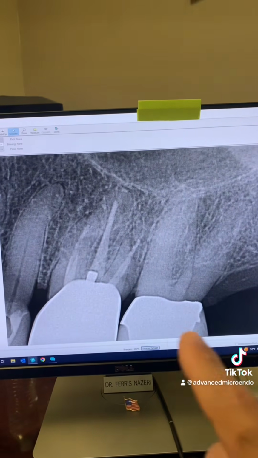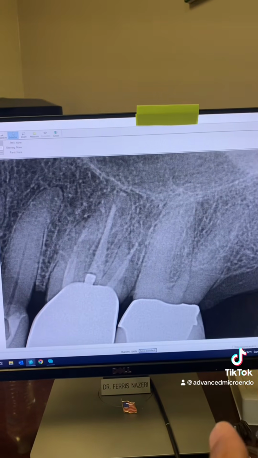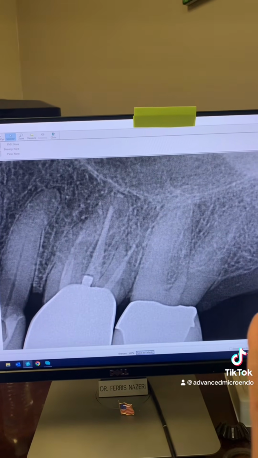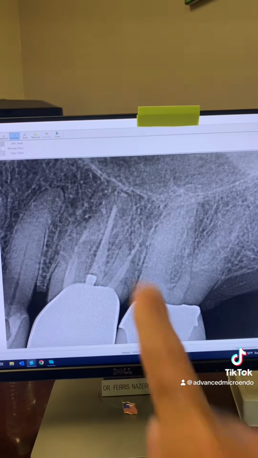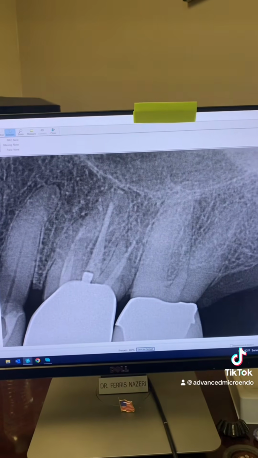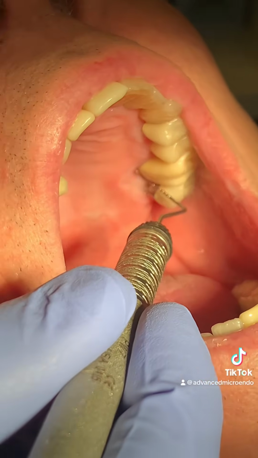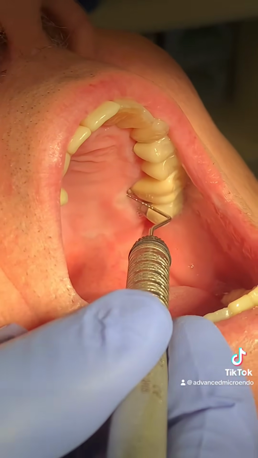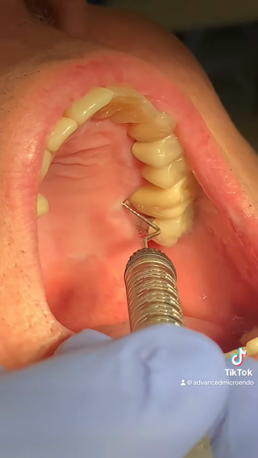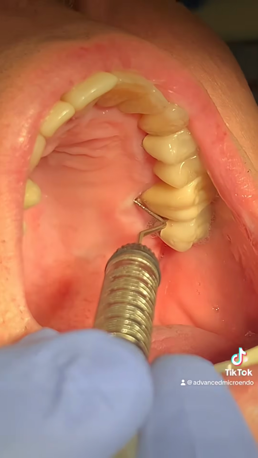I went ahead and probed the tooth. Number 15 probed within normal limits, 2, 3, 4 millimeters. Look at the probing of tooth number 14 on the palatal. So walking the probe here, and it just falls in.